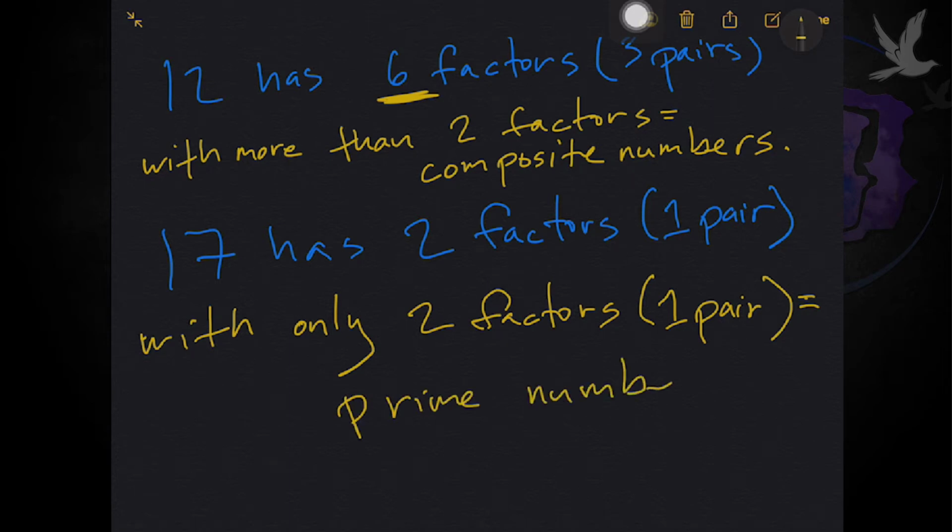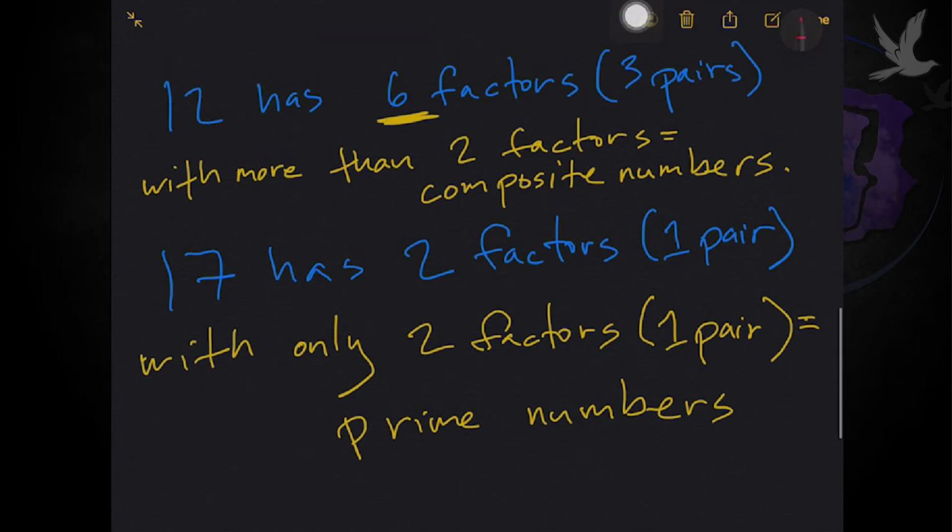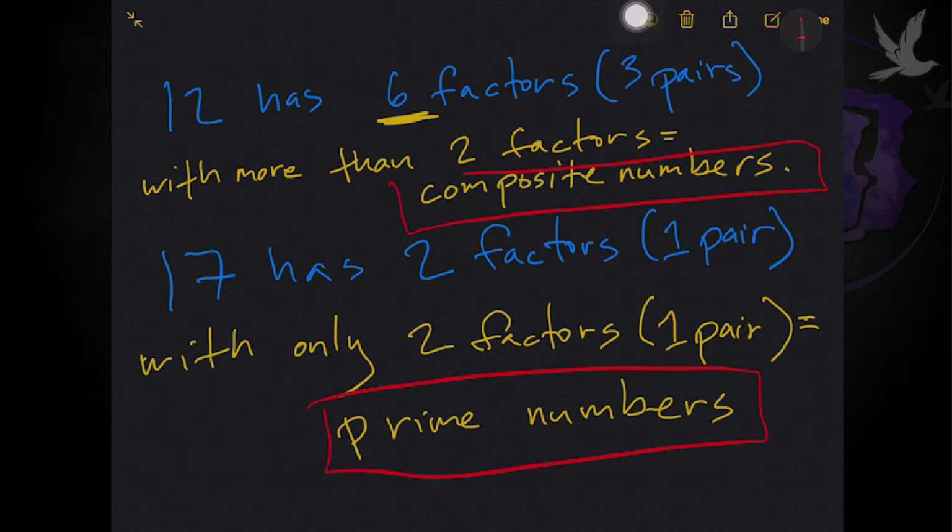Okay, please take note of that because these are basic information that you can get in mathematics. So we have prime numbers and composite numbers.